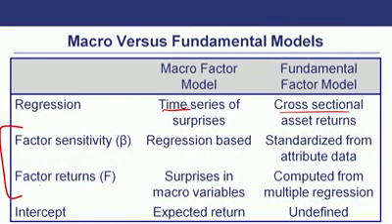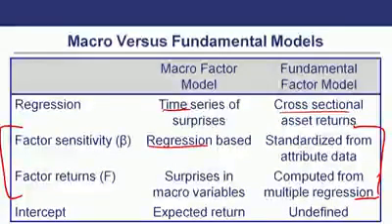But what I think I would focus on from this slide is the middle elements here. The factor sensitivities for a macro model: how sensitive is this firm to a change in interest rates? Well, that comes out of a regression, right? So we get our factor sensitivities from a regression model. And then the factors are, well, what is the change? And then for the fundamental factor models, we use regression to tell us how a high versus a low PE firm behaves.